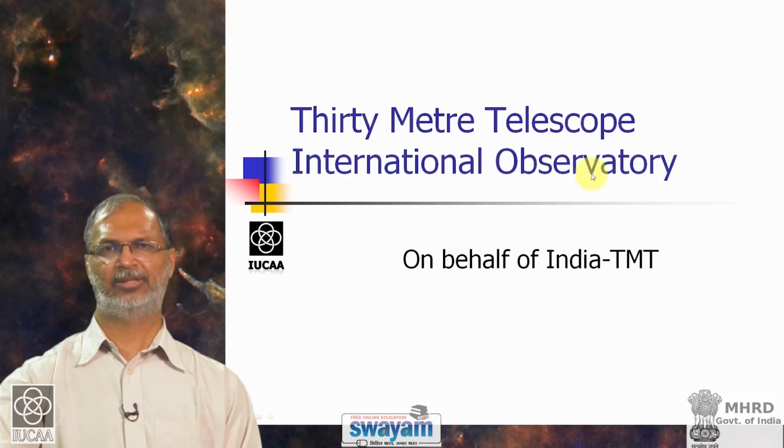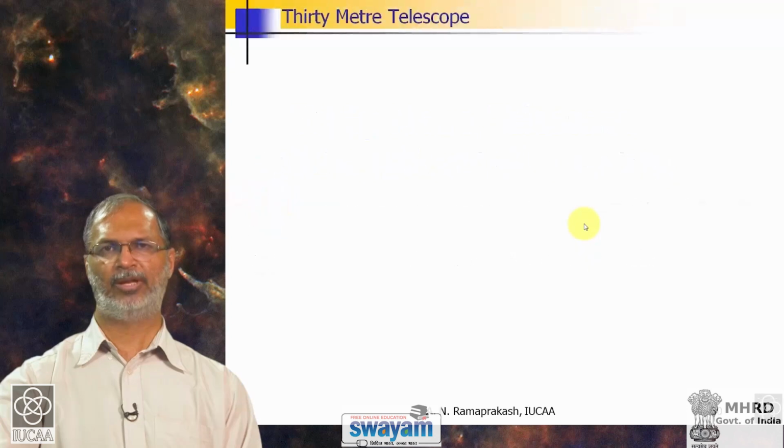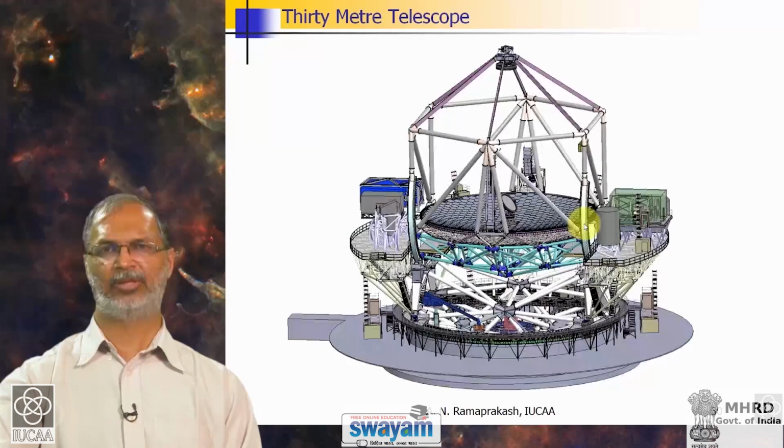It is called the Thirty Meter Telescope International Observatory, being built by a consortium of institutions in a number of countries, including India, Japan, China, Canada, and the United States. So, multiple institutions in multiple countries joined together, put their technologies together to build a facility called the Thirty Meter Telescope, most probably on Mauna Kea, the mountain called Mauna Kea.